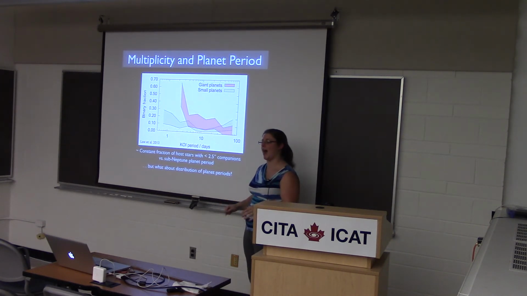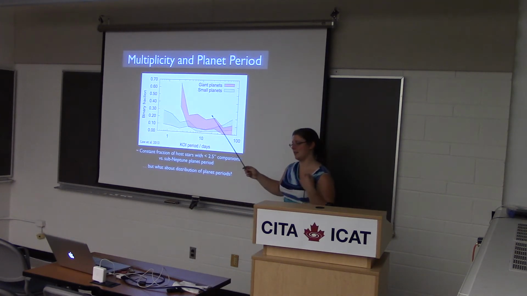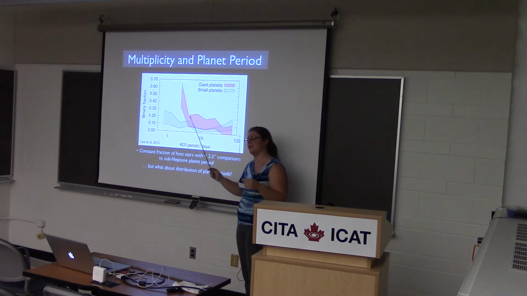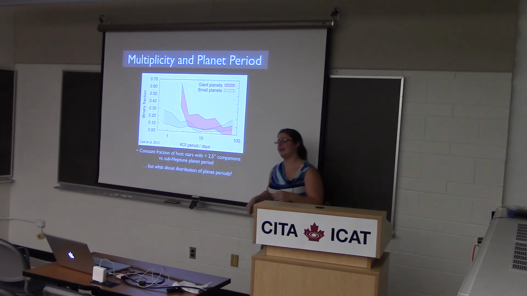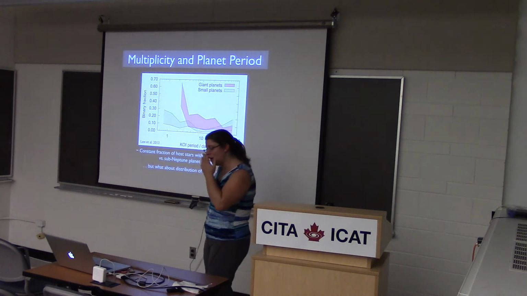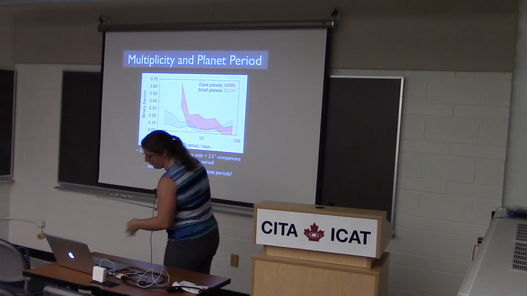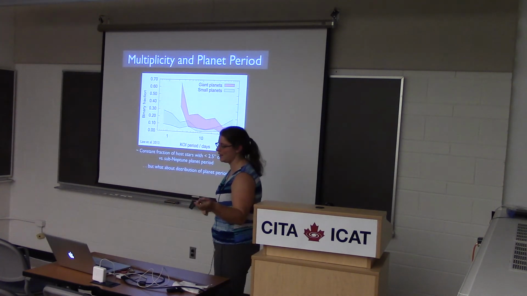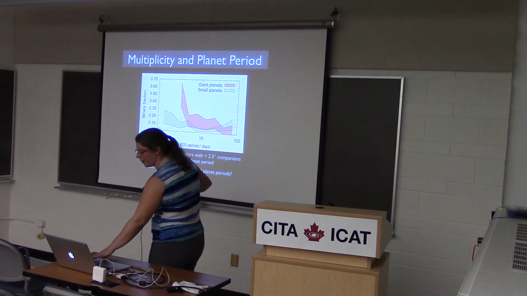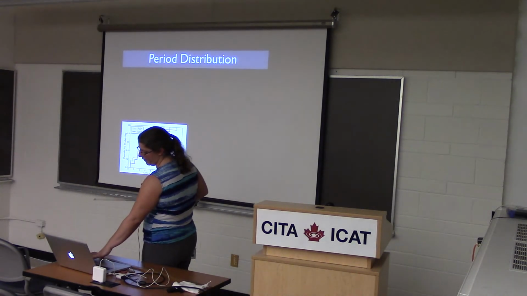You would expect that a different mechanism for getting these planets into high eccentricity orbits would produce a different eccentricity distribution, and potentially at the end, a different period distribution. So this project is still definitely in its infancy. There's a lot of work to be done on this, but this is where we're going with it. We want to look quantitatively at the distribution of planet periods.